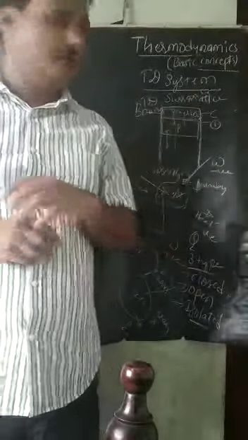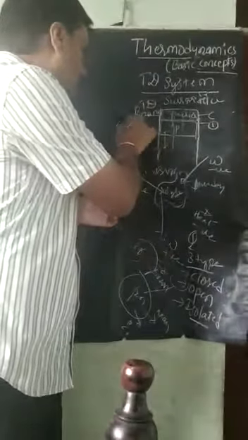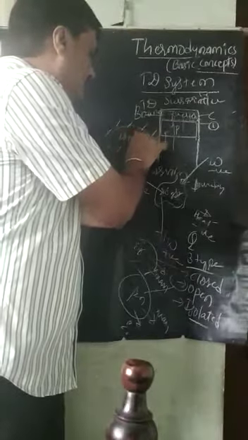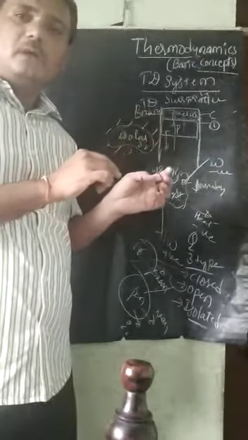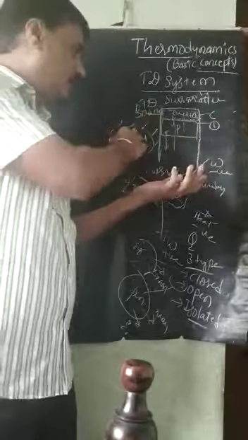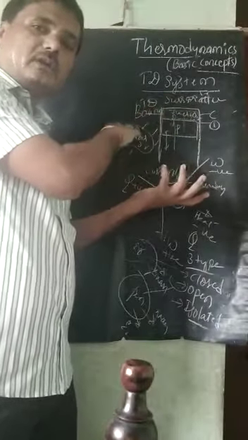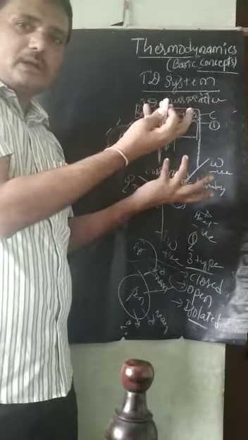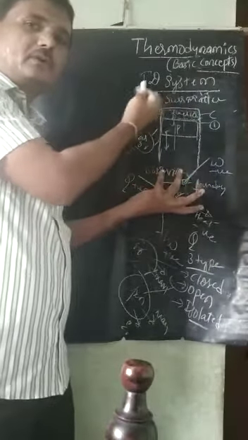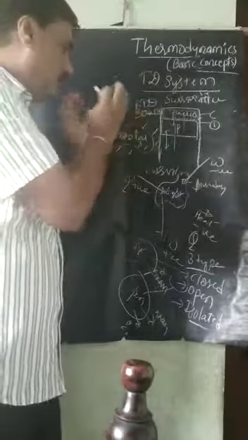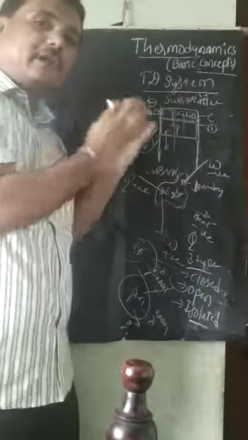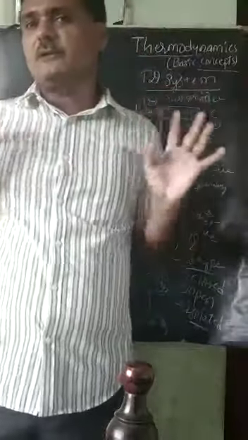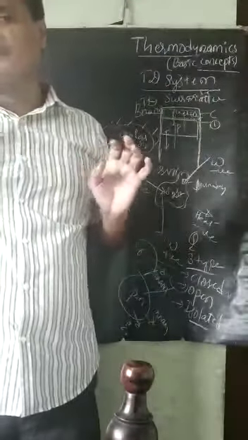The mass inside will not go outside, and the mass outside will not come inside. Energy, whether heat or work, will also not cross from outside to inside or inside to outside. Whatever mass or energy the isolated system has is constant. It does not cross any boundary, mass as well as energy.